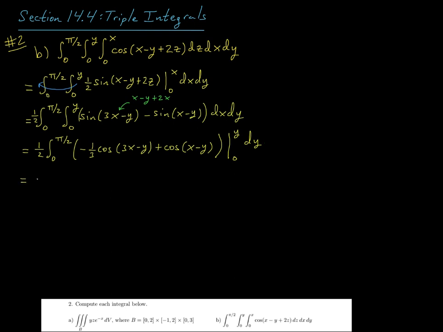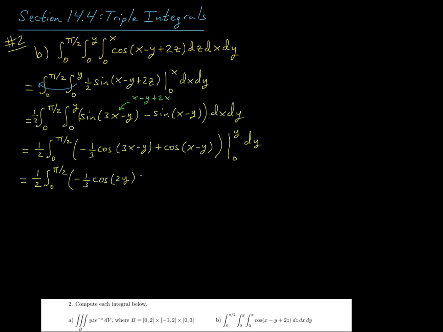Okay, so let's go ahead and compute this. Plug y in for x. That's going to give us a minus 1/3 cosine of what? Well, 3y minus y, that'd be 2y.